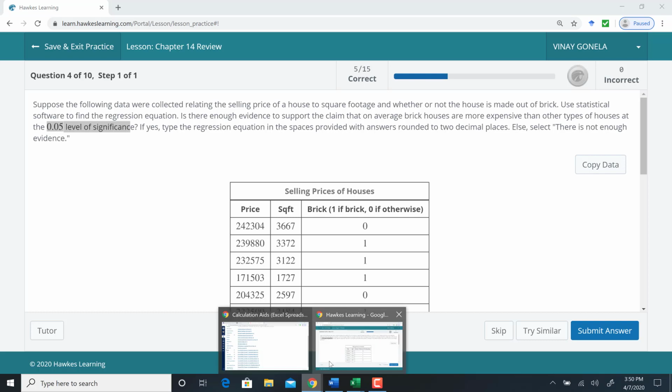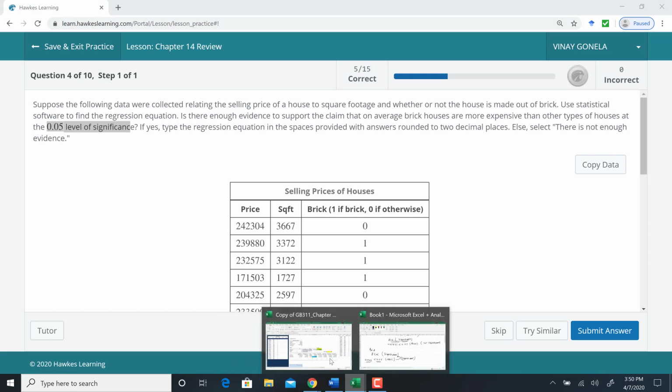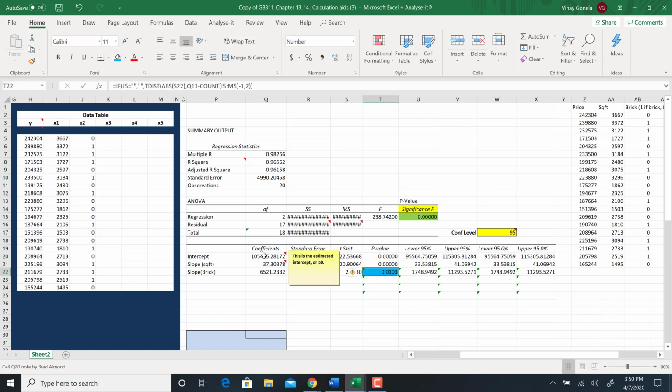So the regression equation usually we get from these coefficients, from these values. So the first thing is the intercept, which is 105,435.281.